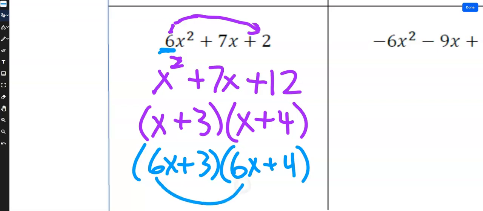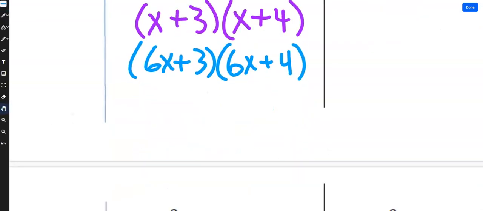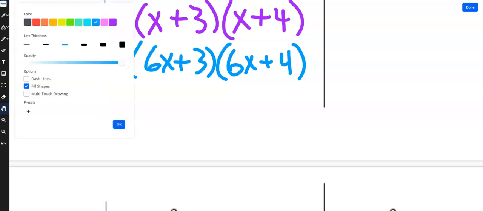Now, what is 6x times 6x? Well, that's 36x squared. Well, that's way too big. So, what that means is that we have introduced greatest common factors that need to be removed.